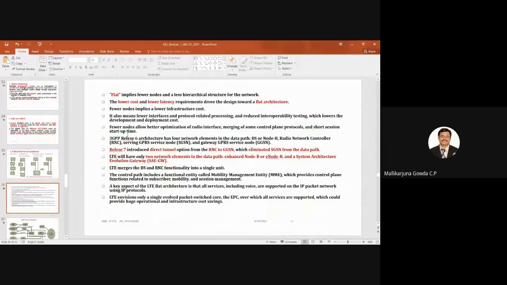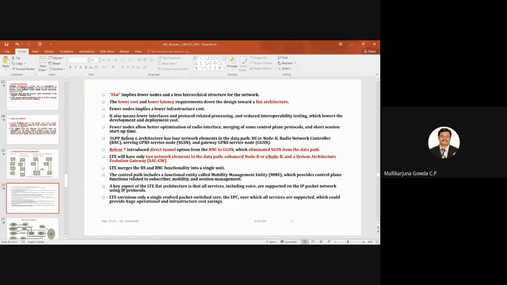Just as I said, in 3GPP release 6, the architecture has 4 network elements in the data path: base station, radio network controller, serving GPRS support node, then gateway GPRS support node.